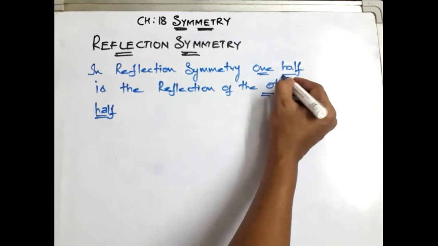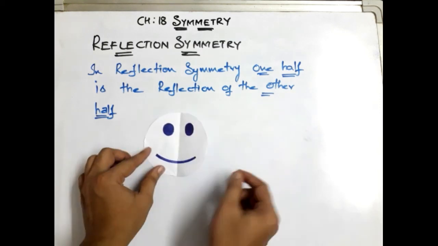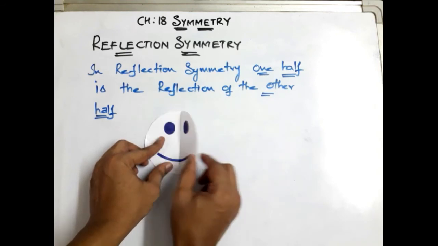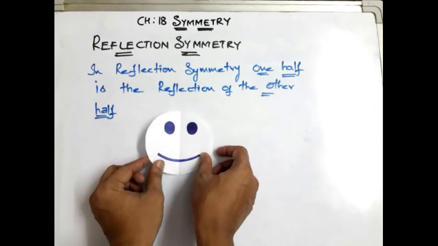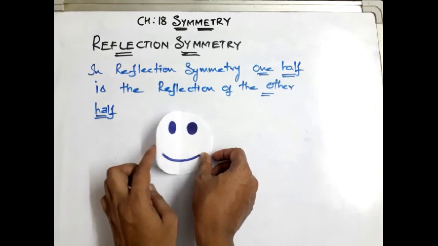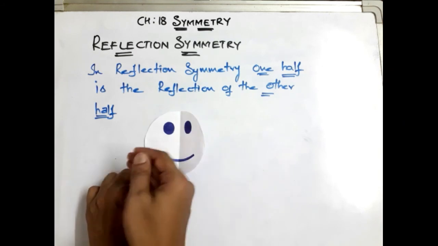Okay, as we saw in the example, I will show you the same example. You just look at the board again. Look here, this half is the reflection of the other half. Similarly, this half is the reflection of the other half. That means reflection means the same identical properties.